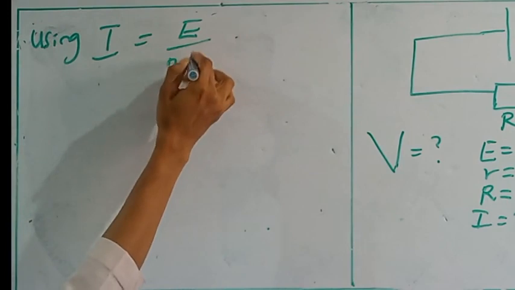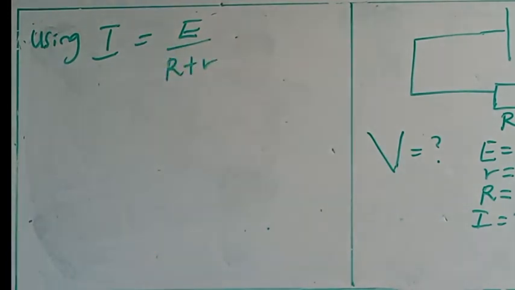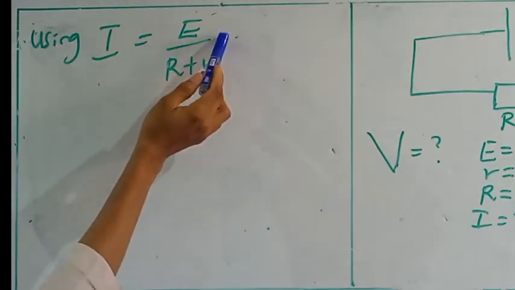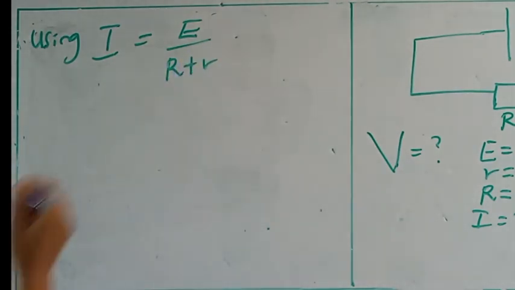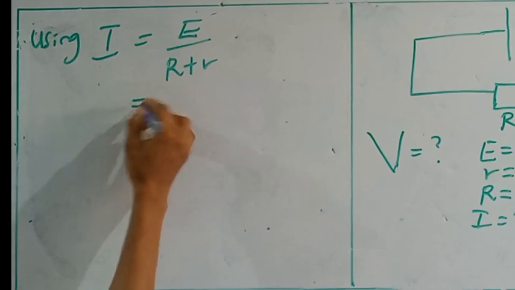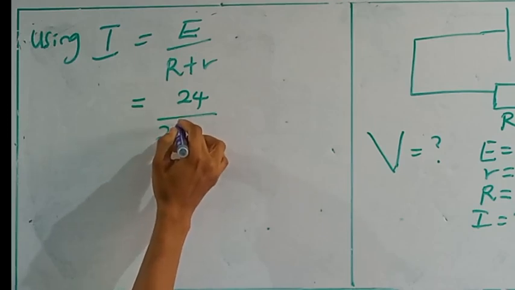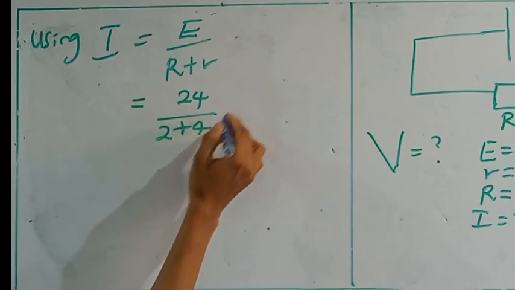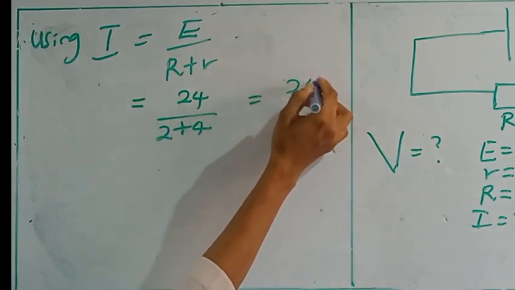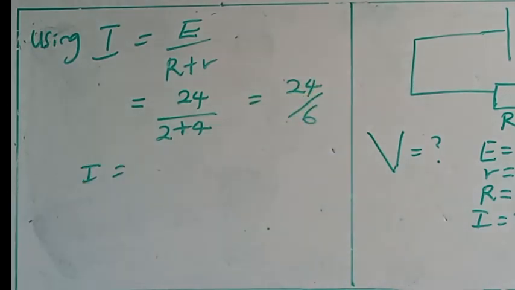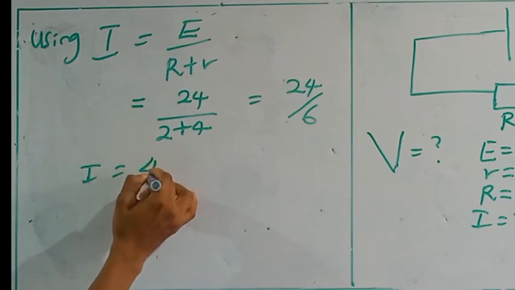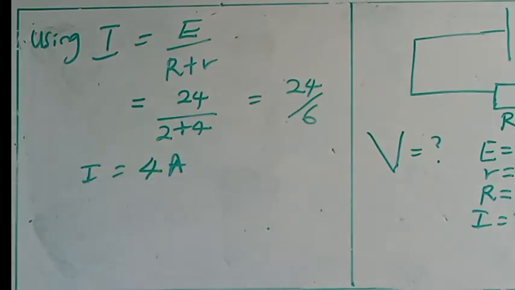Please always write the formula when you are solving a theory question so that you get marks for the formula. E is 24, R plus r is 2 plus 4, so we have 24 over 6. The current will be 4 amperes.